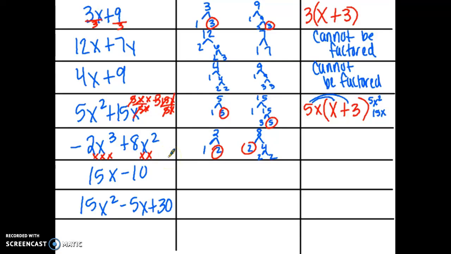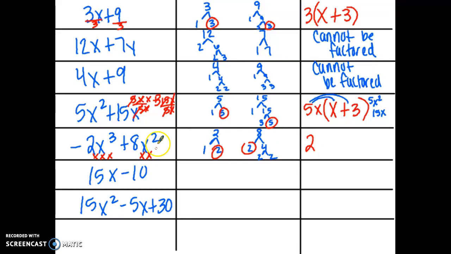So I know that this expression has a 2 in common that we can factor by. And now one of them has 3 x's and the other one has 2. Well, the biggest amount of x's that both of them have in common is 2 x's.